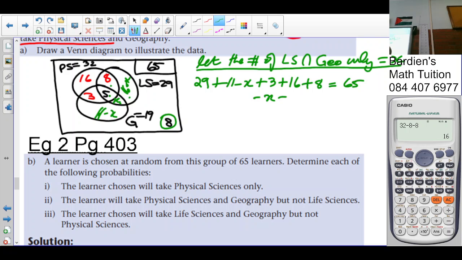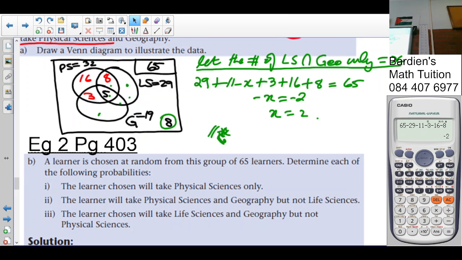So I got negative x is equal to 65 minus 29 minus 11 minus 3 minus 16 minus 8, which gives you negative 2. So x is equal to 2. Okay, so now I can fill in the rest of the information.